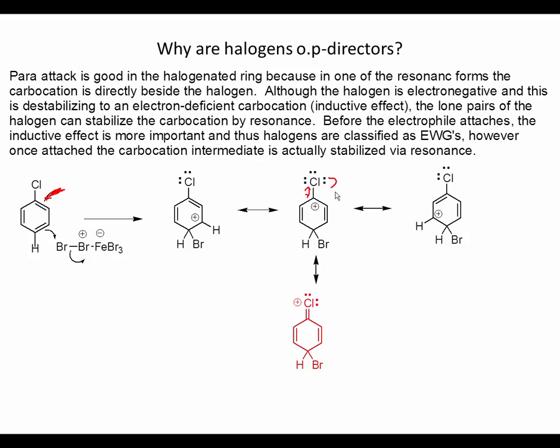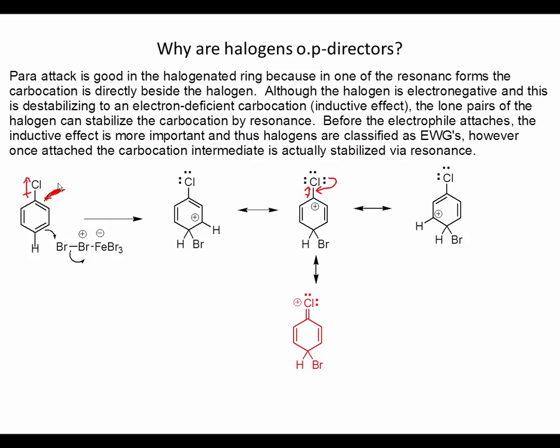However, we can do a resonance stabilization of this carbocation using the lone pair at chlorine. And this accounts for its ability to stabilize the carbocation. So, we prefer to attack the ortho and para position because the resulting carbocation is stable. In the starting material, there is no carbocation, and the major effect is chlorine's electronegativity.